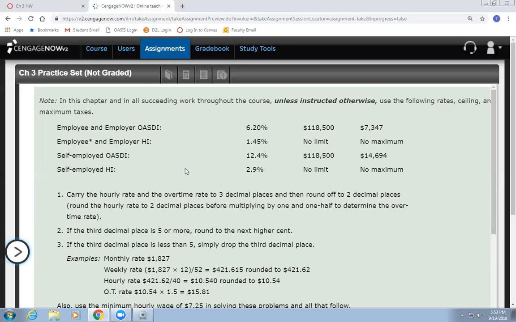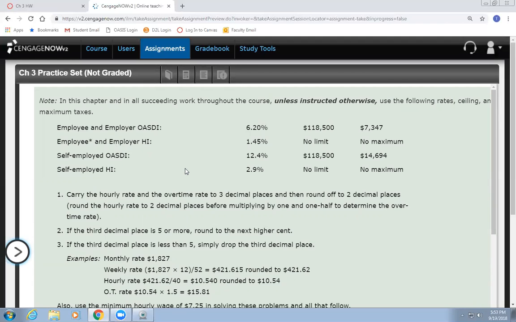So when we say wage limit, they only pay 6.2% on the first $118,500 that they earn. Anything they earn beyond that is not taxed on Social Security, which fair, not fair, right? And that's how it's set up.